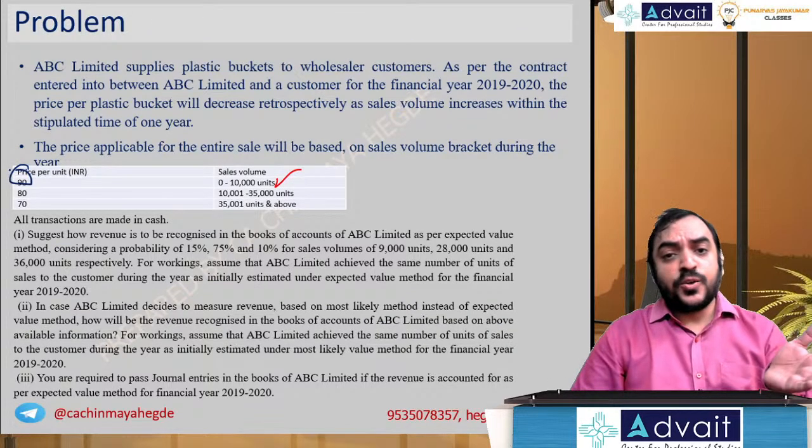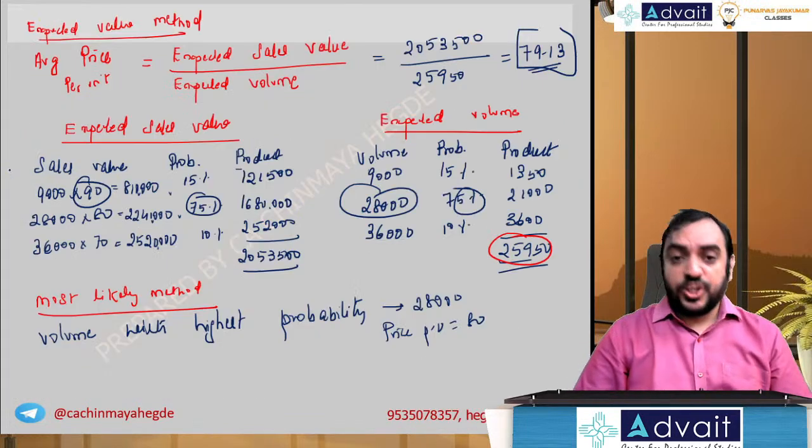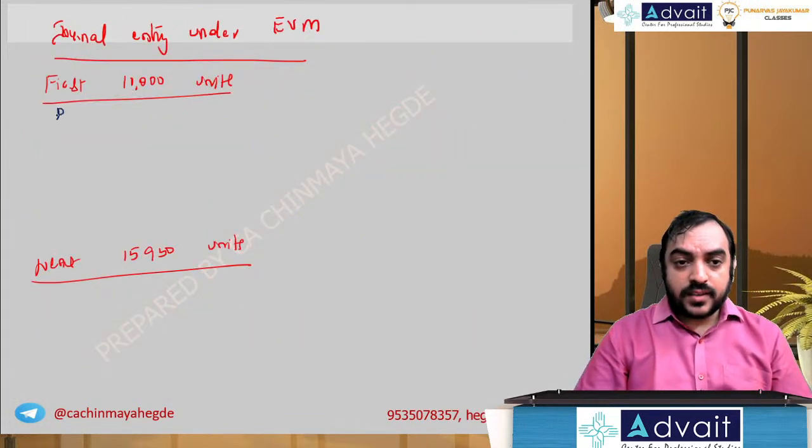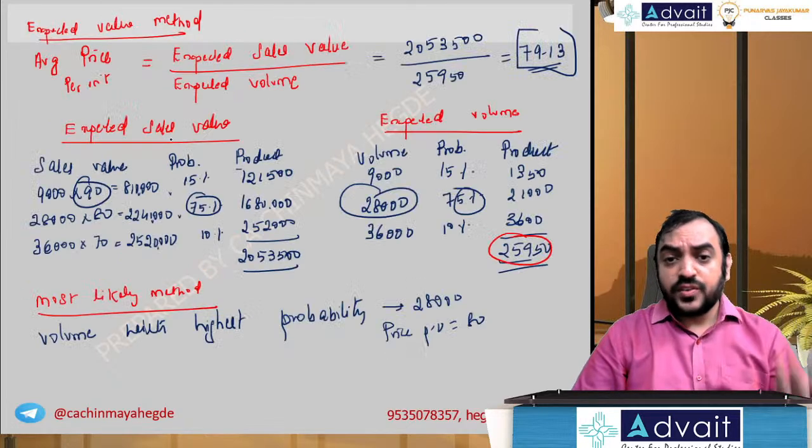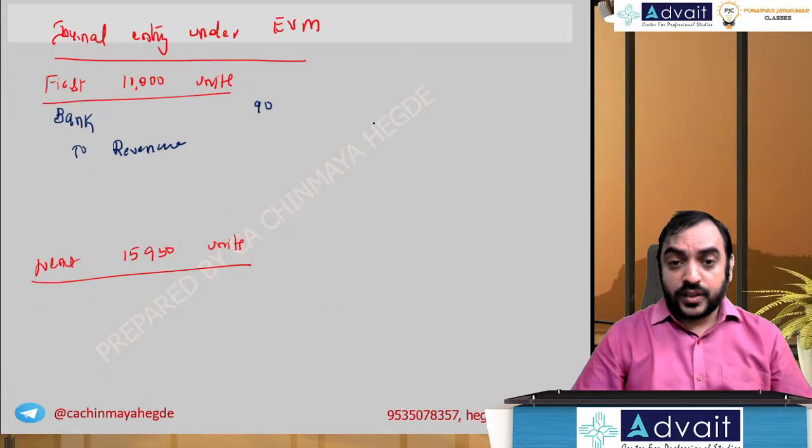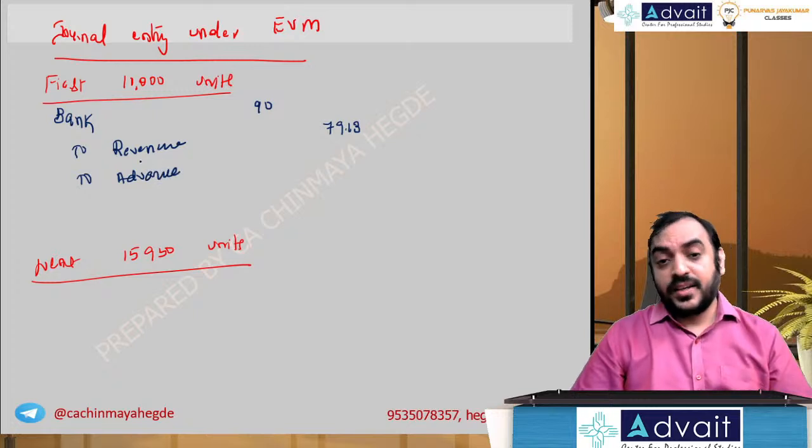But the entire 90 rupees, you will not take to revenue. So when you write bank account, you will write 90 rupees. But to revenue, you will not take 90 rupees, you take revenue 79.13. The remaining will go to liability, or you can take it as an advance or contractual liability.